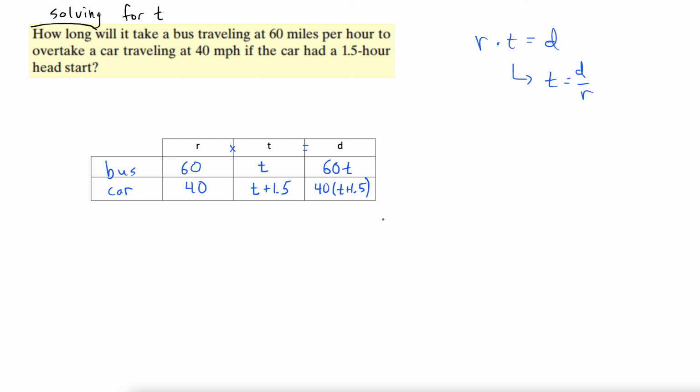Now, when they say overtake, this word overtake means that the bus has caught up with the car. The bus that is traveling faster has caught up with the car that is traveling slower. And at that moment, when the bus passes the car, the distances are equal. The distances are the same.